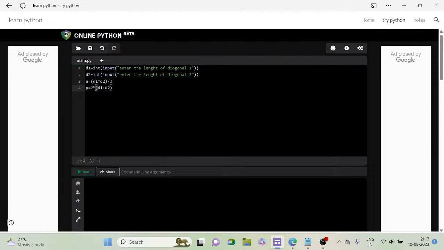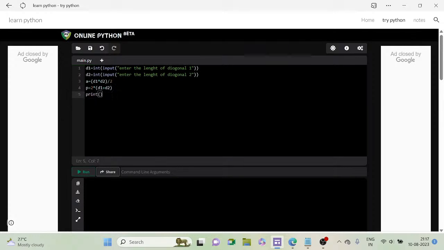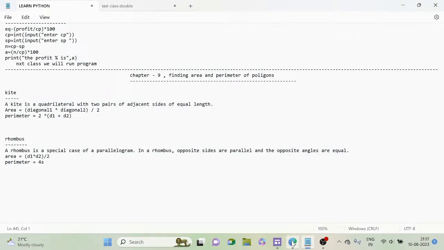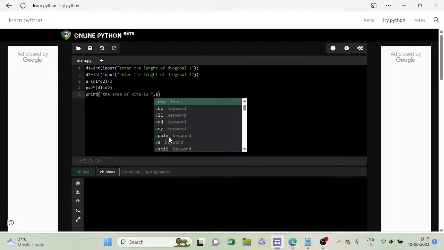Next line, print bracket, inverted commas, the area of kite is, and a comma a.